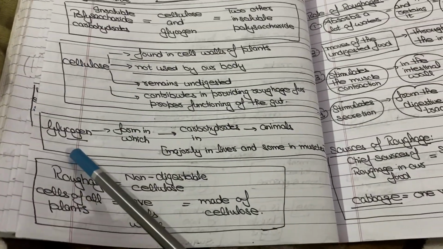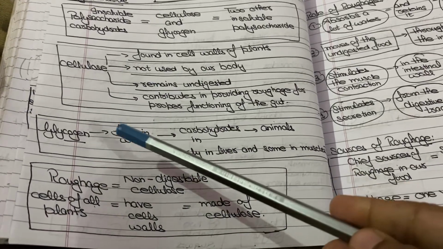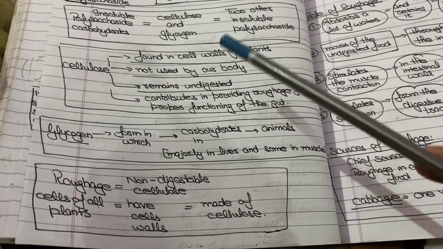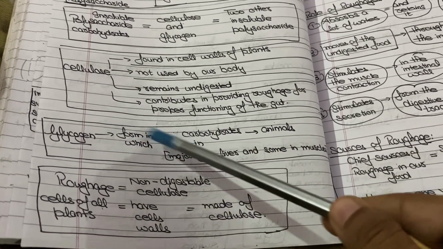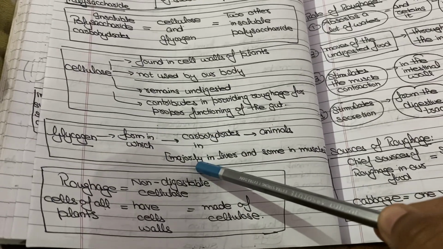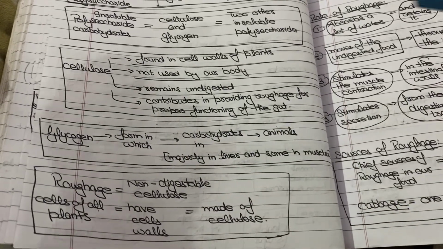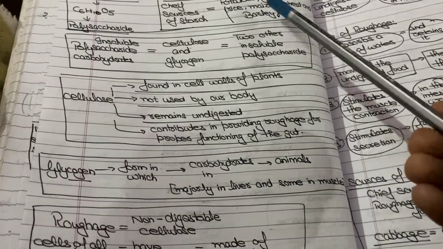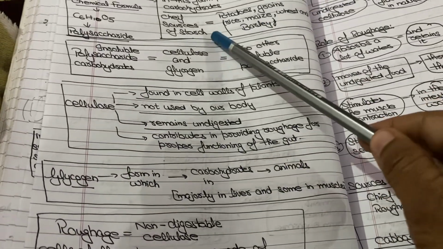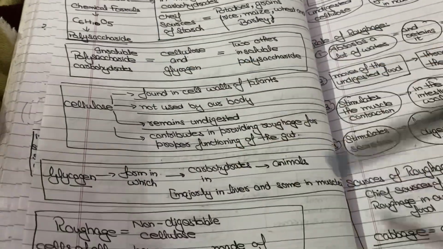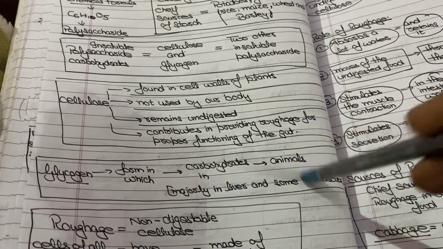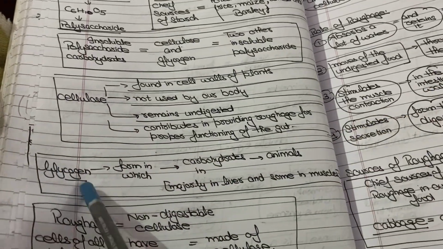Next is glycogen. What is glycogen? Glycogen is the form in which carbohydrates are stored in animals. Carbohydrates stored in plants are known as starch, and carbohydrates stored in animals are known as glycogen.